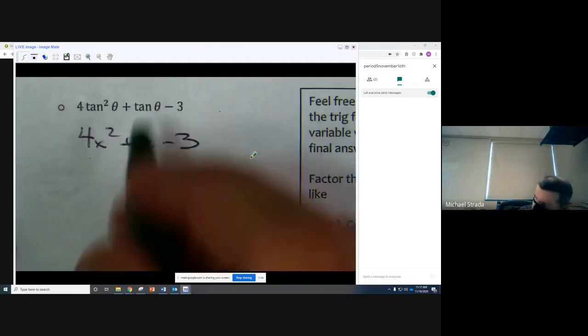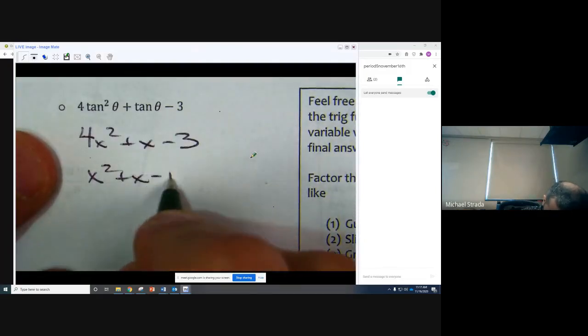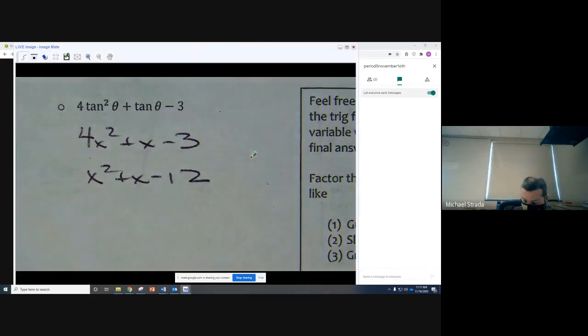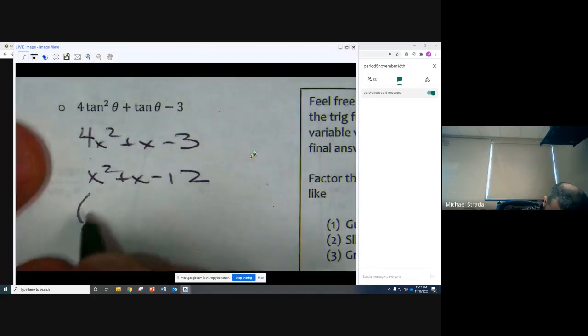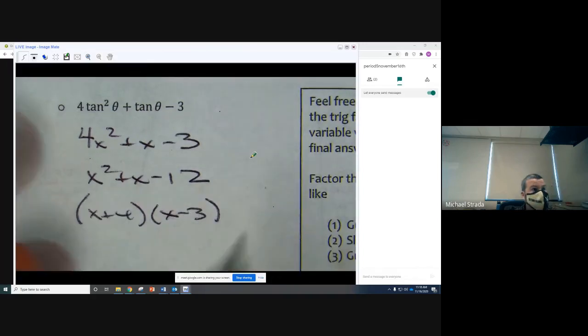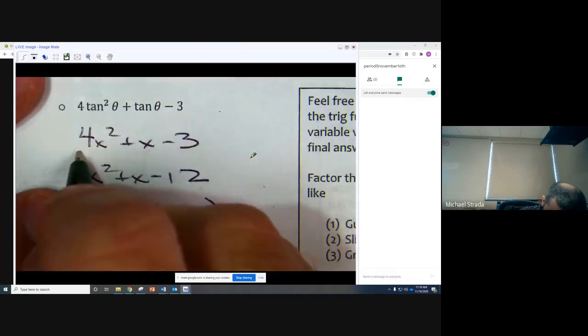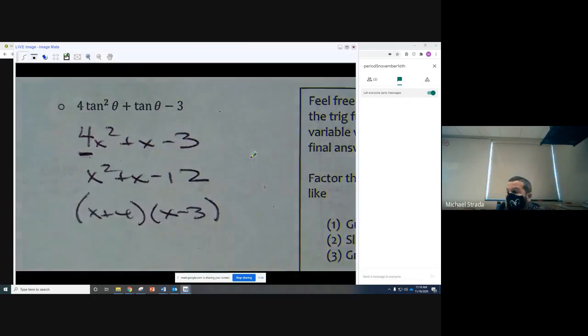So, if I factored this using slide and divide, x squared plus x minus 12, which factors into x plus 4, x minus 3. Now, if you're going to do slide and divide, there's your 4.